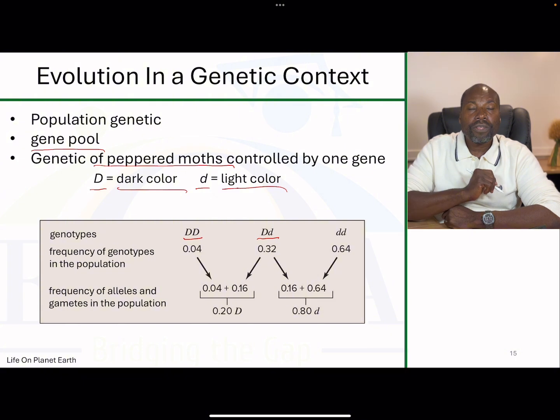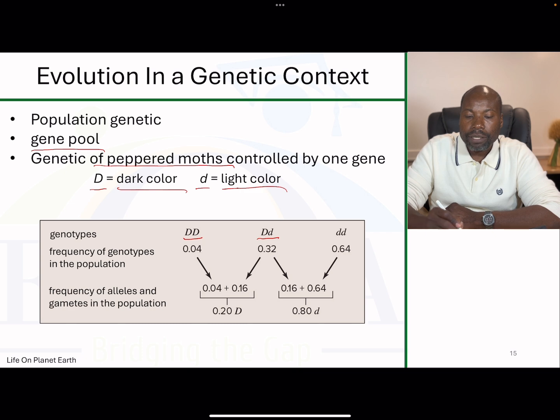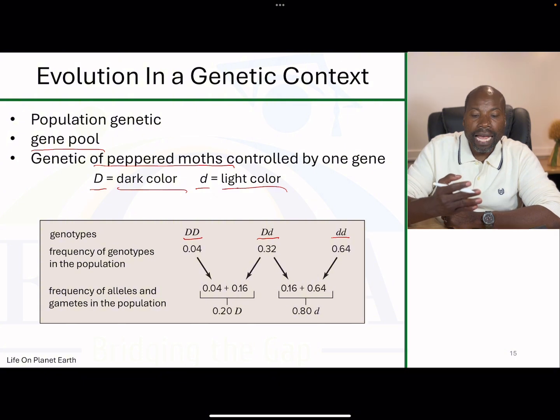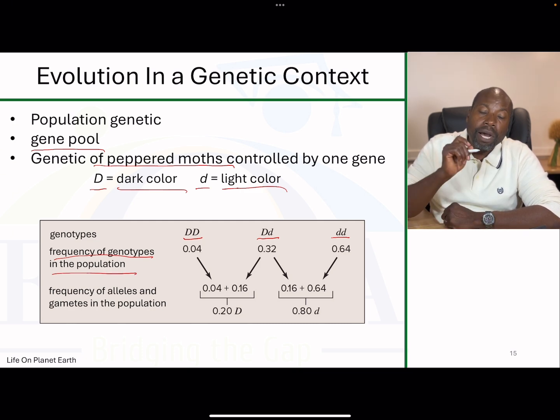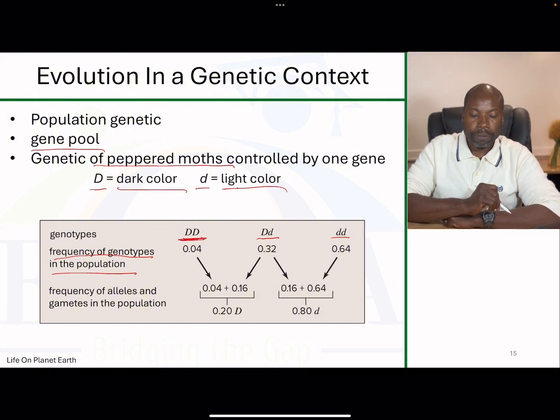On the other hand, the light colored individuals are lowercase d lowercase d, homozygous recessive. The frequency of a genotype is the number of times it occurs in a population.